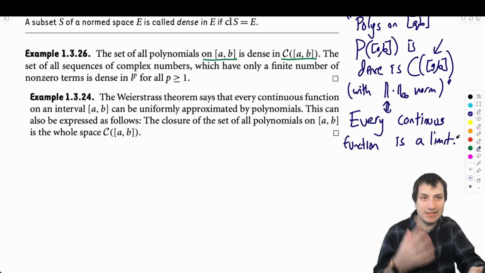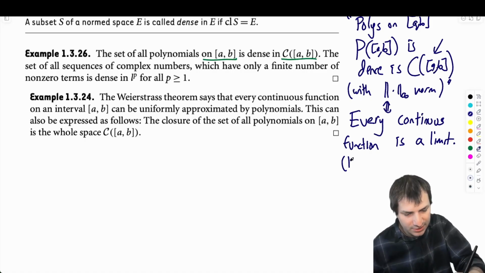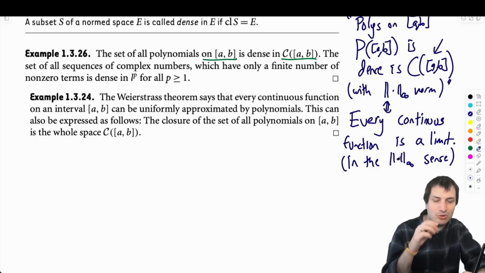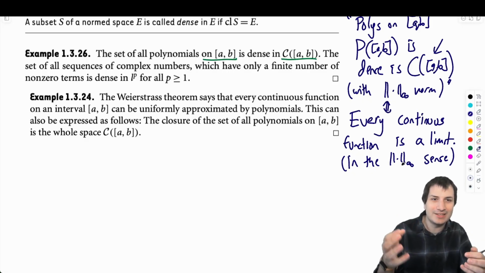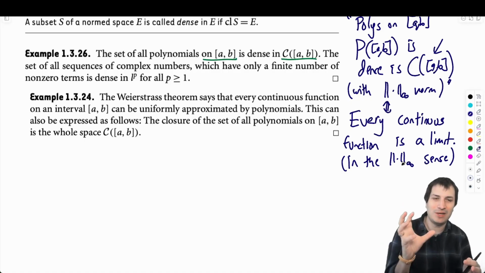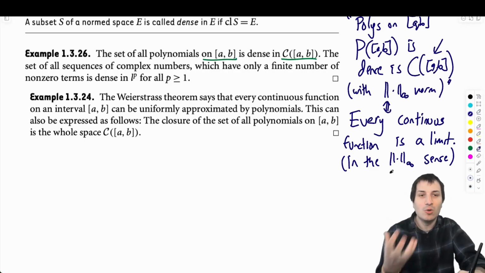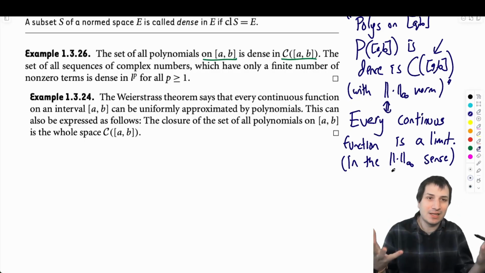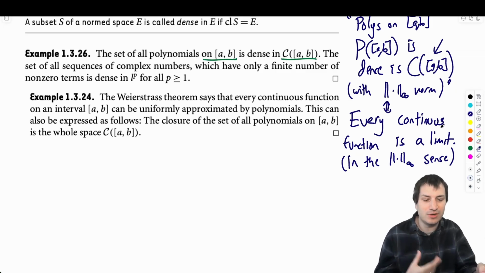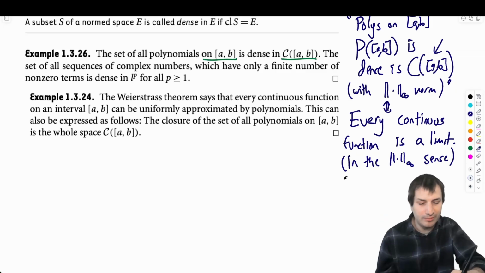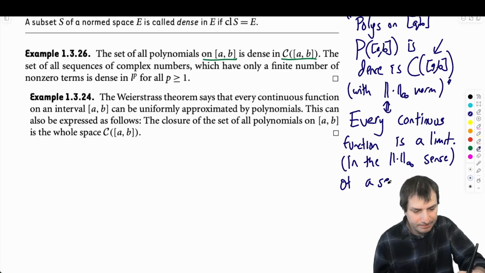A limit in what sense? A limit in the sense of the infinity norm. By the way, I'm drawing the norm and putting a dot because I'm just thinking about the norm itself, not a specific norm applied to a function, just the norm that tells us what the limits are. So every continuous function is a limit in the infinity norm of a sequence of polynomials.